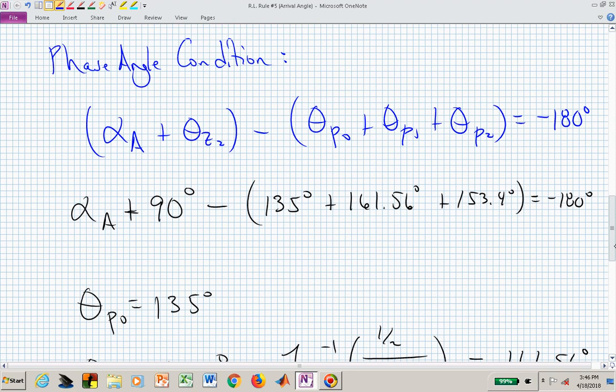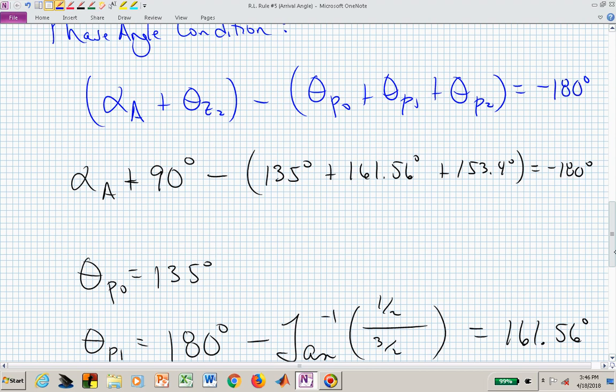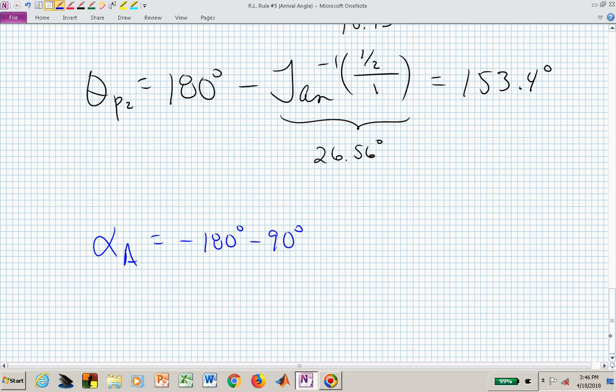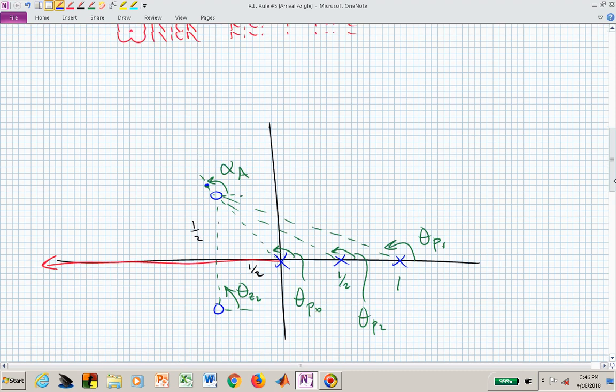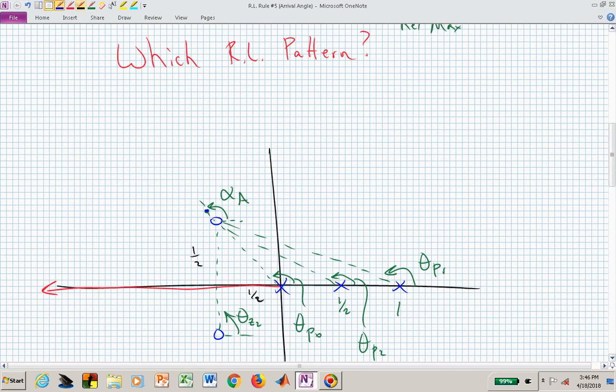So now I'm simply pushing everything over to the right-hand side, and we now add all of those pole angles. Doing that, we actually end up with 180 degrees. So now our angle of arrival is coming in at 180 degrees to those complex zeros.